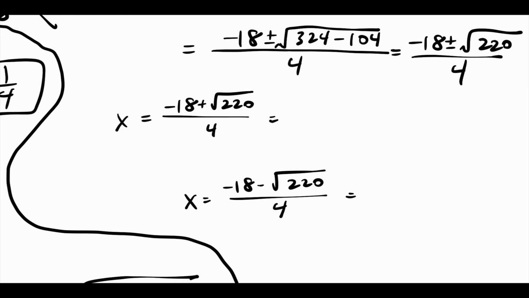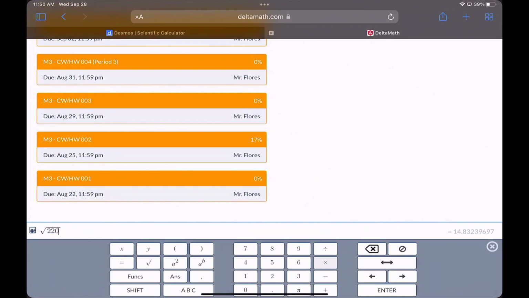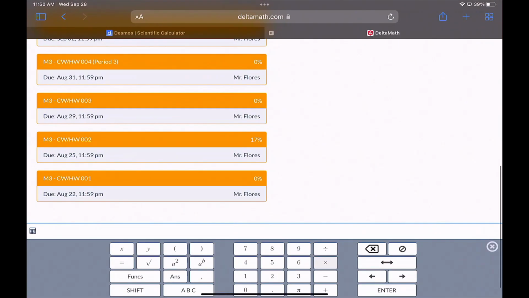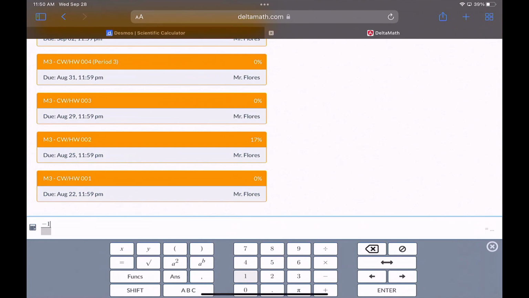Okay, so now I got to go to Delta Math. I'll put the plus in first. Negative 18 plus the square root of 220, and on the bottom was a 4.